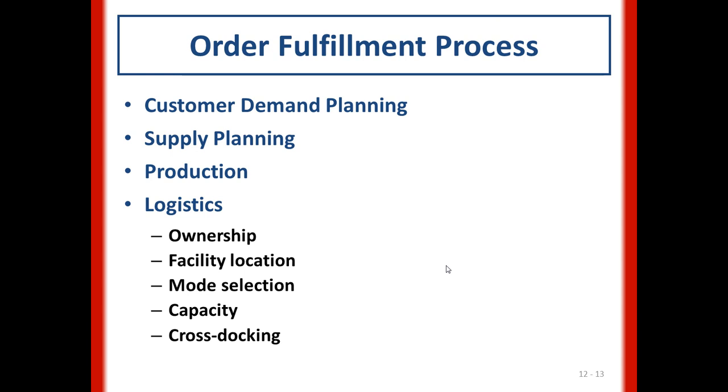This order fulfillment process is used to communicate between the customer and the manufacturing and services. The information that is used to communicate may include customer demand, supply planning, production, and logistic information.